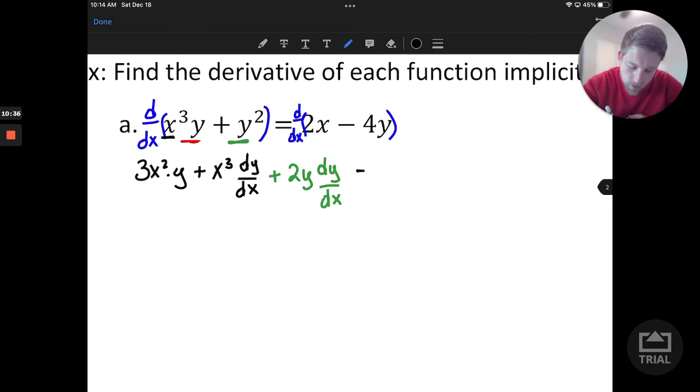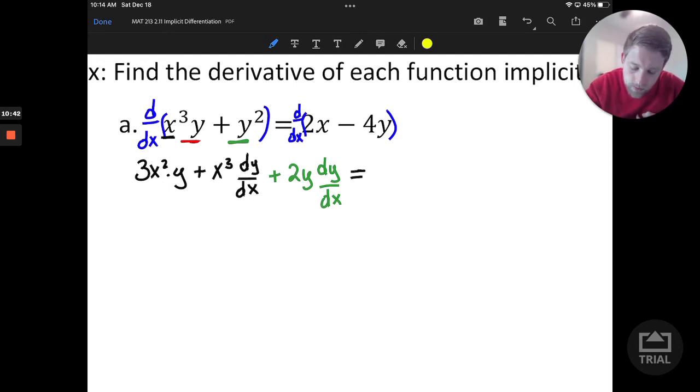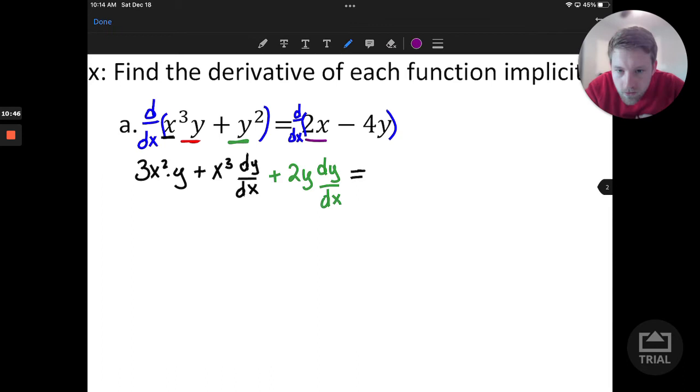Okay, so we know that this derivative on the left is going to be equal to the derivative on the right. So let's go ahead and take the derivative on the right side. We'll do 2x. So that's just going to become 2, because we're taking the derivative with the correct variable here. Derivative of 2x with respect to x is 2. And then we can say subtract that last term.